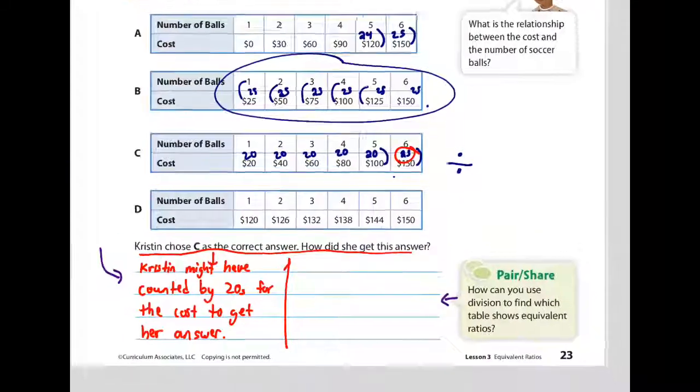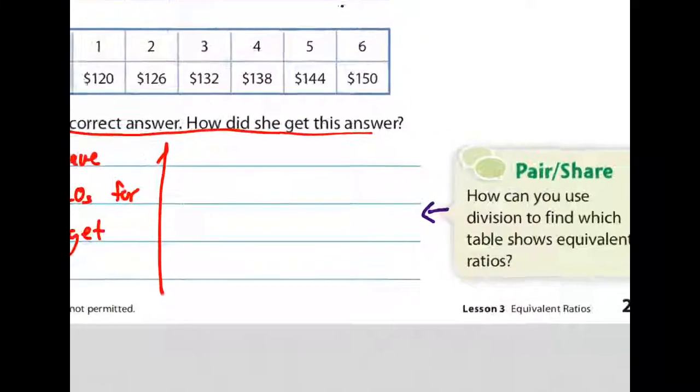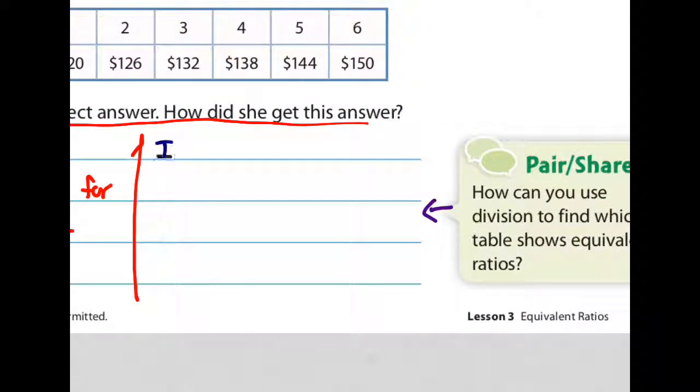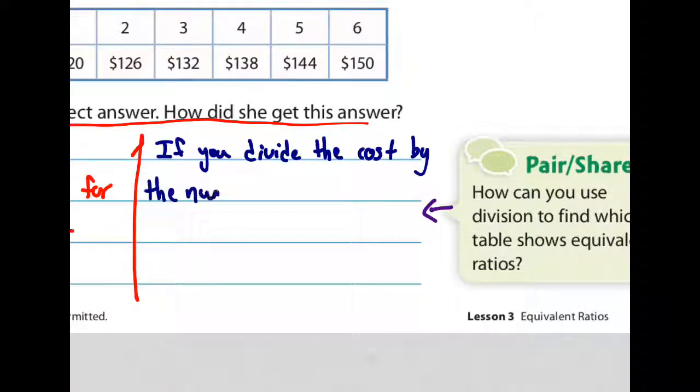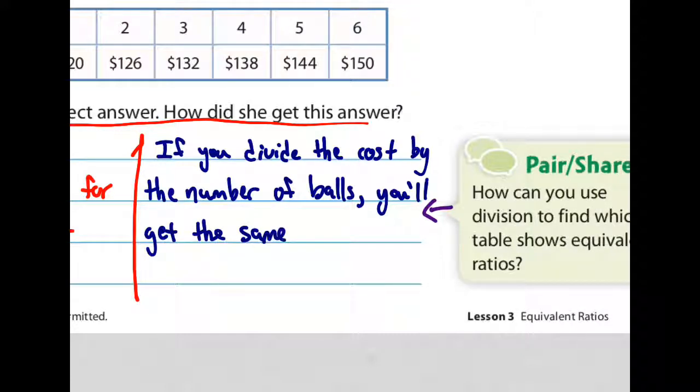So all I'm going to say, if you divide the cost by the number of balls, you'll get the same answer if the ratios are equivalent.